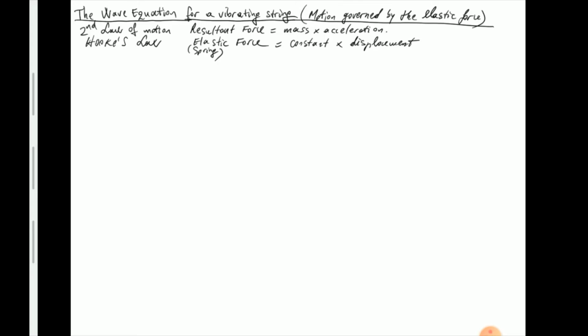So some of the stuff that you might remember from mass spring systems in the ordinary differential equation class might come to play here. I mean, you might see some connections.